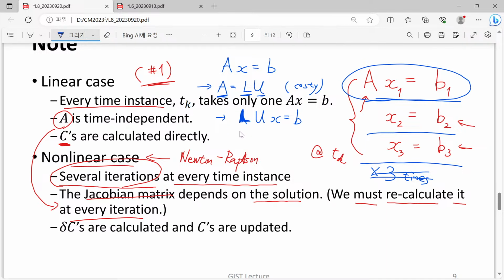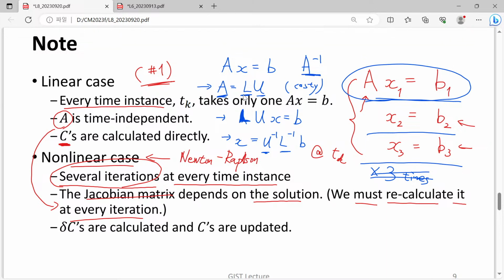However, the beauty of this LU form is that the inverse of L and the inverse of U can be found quite easily. Once again, I want to repeat: the inverse of A is very difficult to calculate. However, once you take this form, LU type, then the inverse of L and the inverse of U can be calculated quite easily.